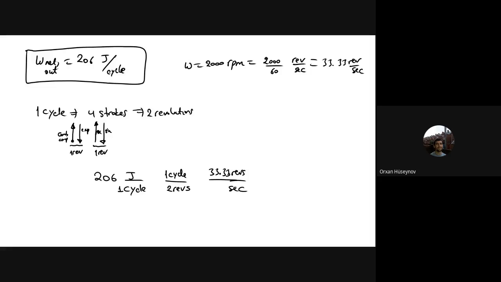You can see in 1 second you have this amount of revolutions, but 2 revolutions make 1 cycle, and 1 cycle makes this amount of the joule, and this will be the power. Now let's cancel out the units here. Cycle cancels out, revolutions cancel out. You see at the end you have the joules by second. And you can work out the units power value here.